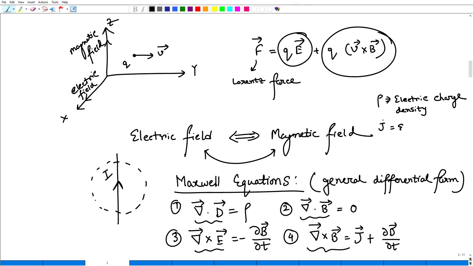J is electric current, which is defined as sigma times E. Next, E is the electric field, B is the magnetic field, B is mu_r H, and D is mu epsilon.